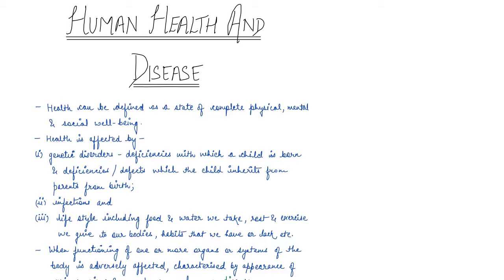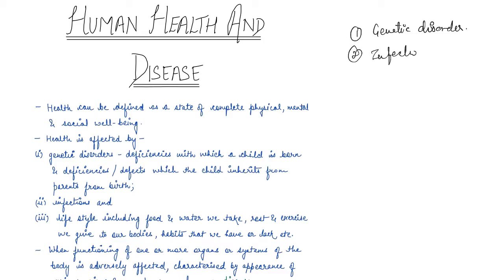The kind of rest that we give to our body also affects our health. The kind of exercise or physical activity that we do also affects our health, right? So there are various factors which affect human health, right? So the first one that we studied was genetic disorders, right? So any kind of genetic disorder affects human health. Then we have infections.